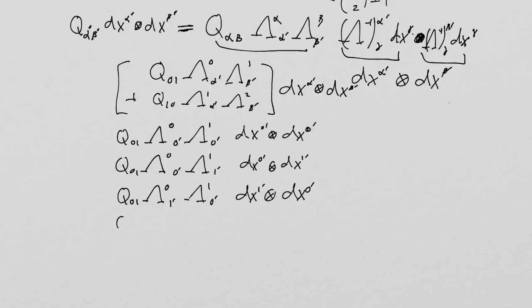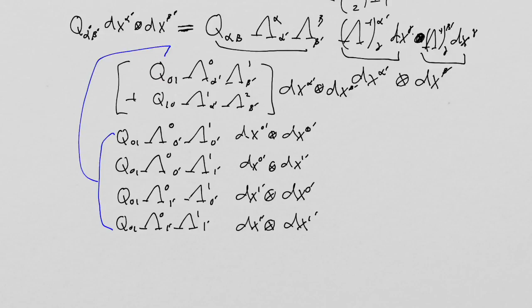That's 1 prime 0, and then there's Q0, 1 lambda 0 1 prime lambda 1 1 prime dx 1 prime tensor product dx 1 prime. So there's those guys. Then there's the equivalent batch where I go to the 1 0 term. That's this term here. I've just expanded this term, right? All of this is an expansion of this term here. Now I need an expansion of this term here.